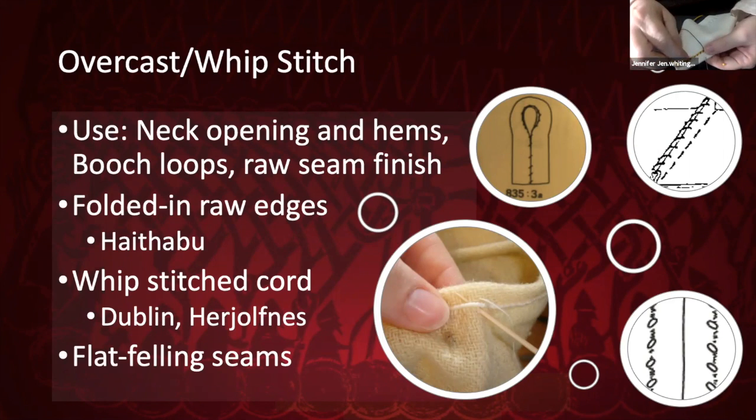There's enough of the wool here being captured, and the outside does not have a whole lot of thread showing on that side. So you can use this again for neck holes, for hems. Very common in the Greenland finds to see stuff like this, although it was in some of the period finds also.